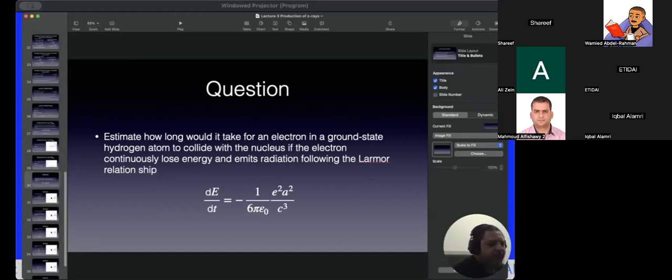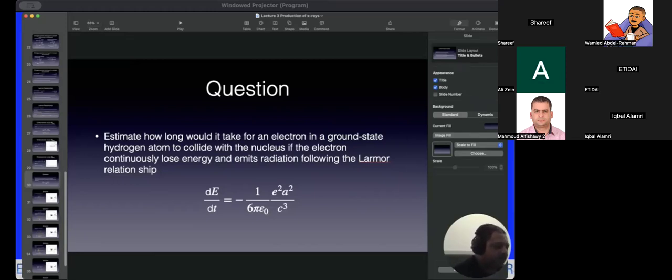So the question is, suppose that we forget about that postulate and we just use the classical electrodynamics and the Larmor relationship. Can we estimate how long it would take an electron in a ground state hydrogen atom to collide with the nucleus?